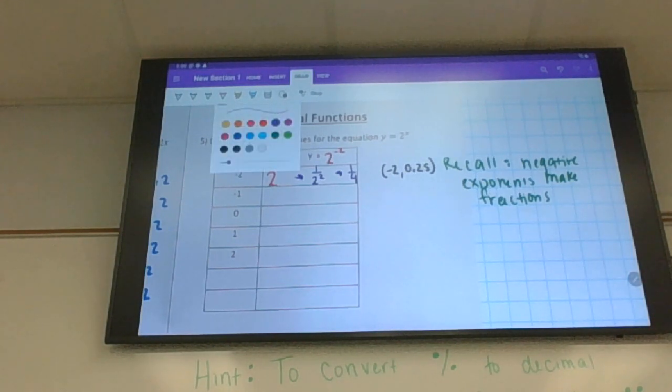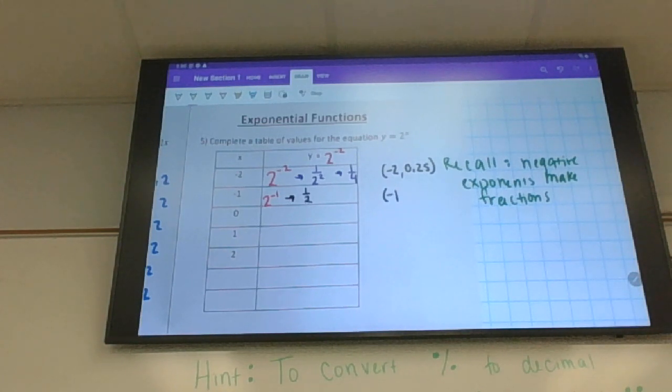Then what do we think 2 to the negative 1 is? 1/2. That's 1 over 2. So our next ordered pair is negative 1, 0.5. 2 to the 0 power is 1, not 0. It's going to really mess your graph up if you don't know your power of 0.